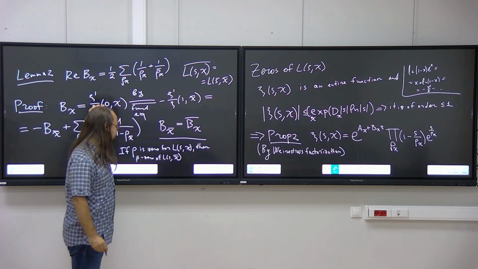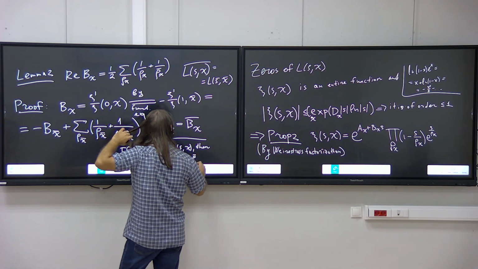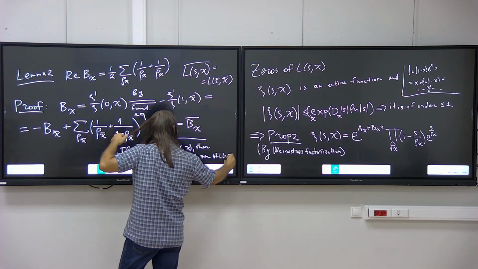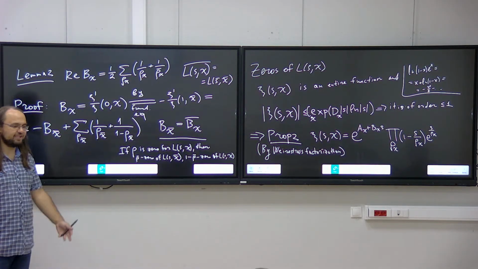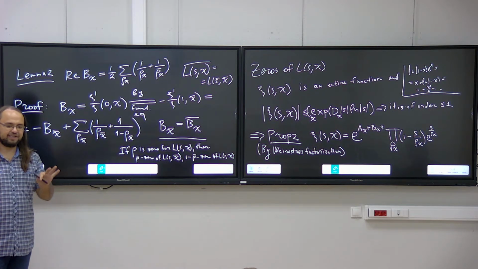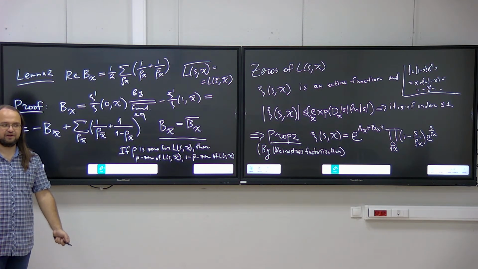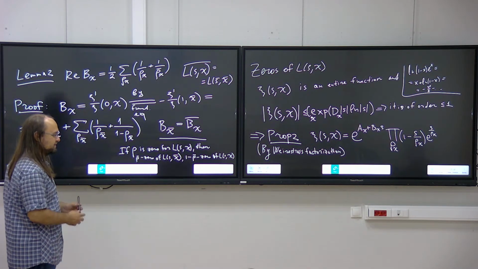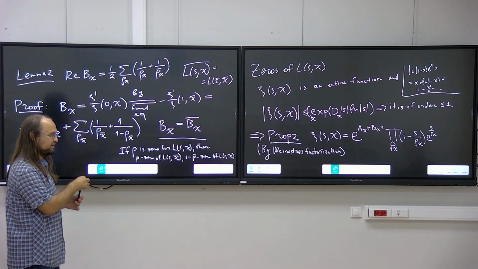And by the functional equation, 1 minus rho bar is a zero of L(s, chi) once again. So if you have a zero of L(s, chi), then you can take 1 minus its conjugate, and it will once again be a zero of the same L function. Correct? This is due to the functional equation, because the functional equation relates s to 1 minus s and chi to chi bar.